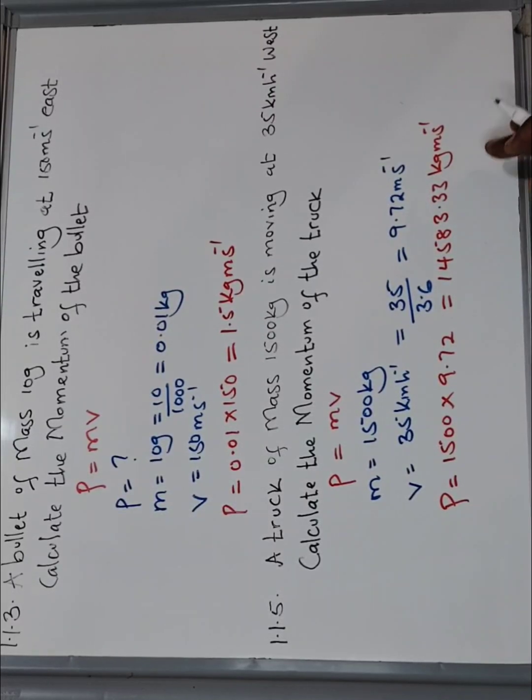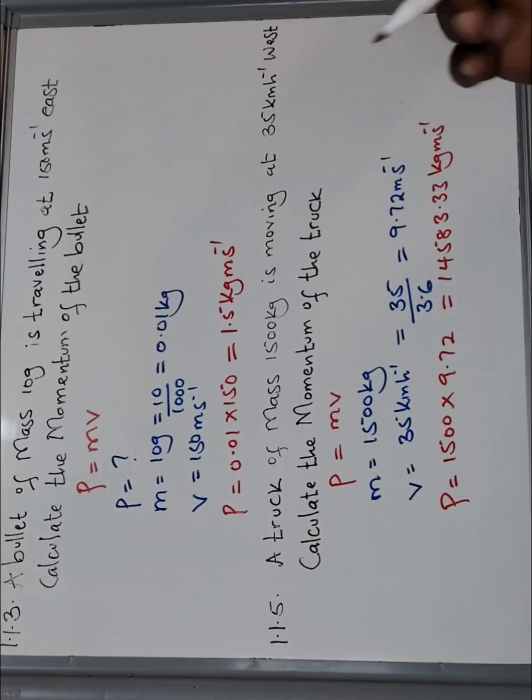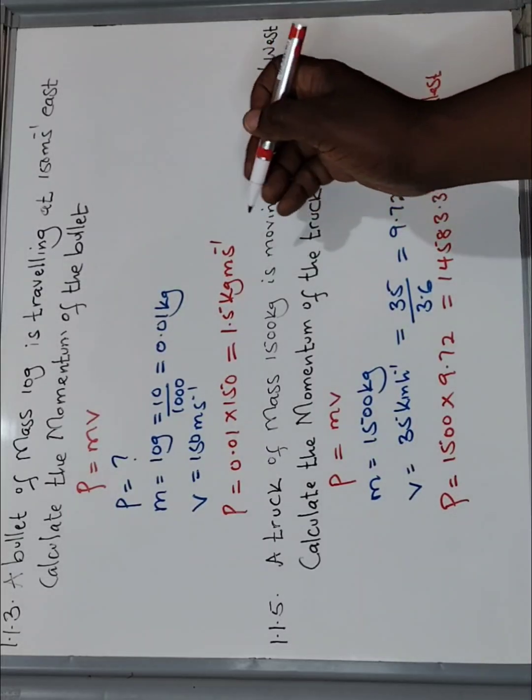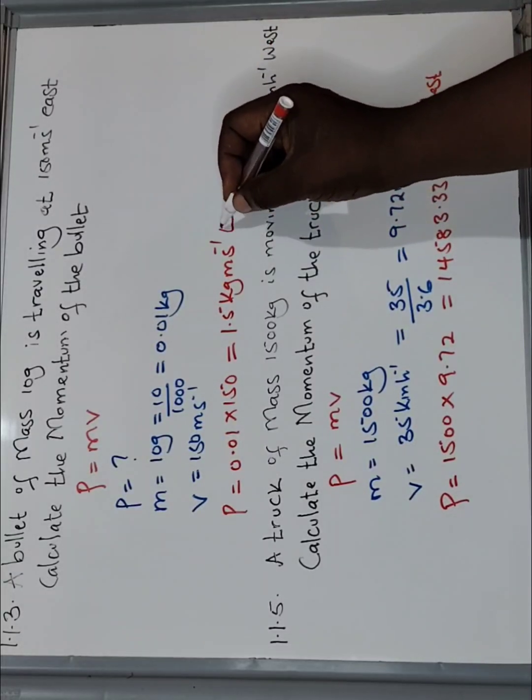And after that, you have to know that momentum is a vector. So this is the magnitude. What's the direction? Remember we said that the direction of momentum is the same as that of the velocity. So the body was moving to the west, so it's going to be west. The same applies to the first case. It was supposed to be east.